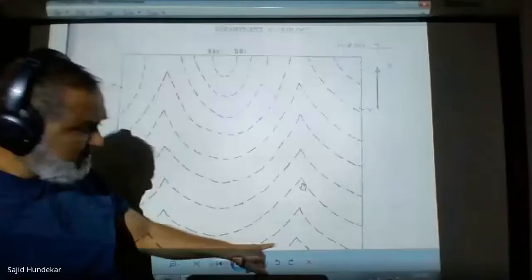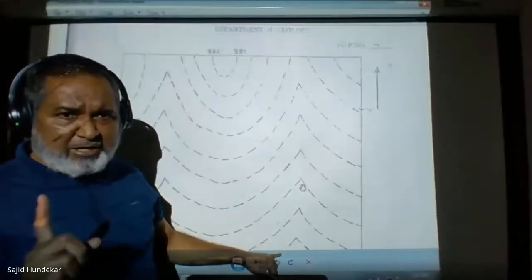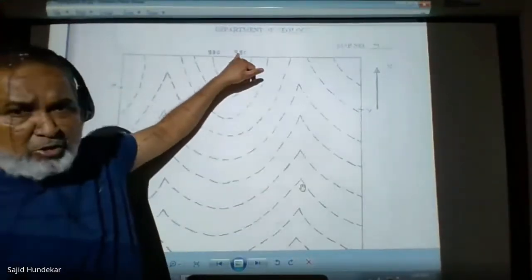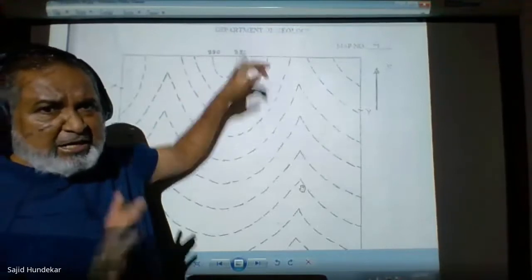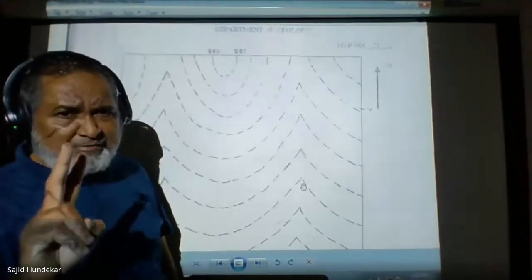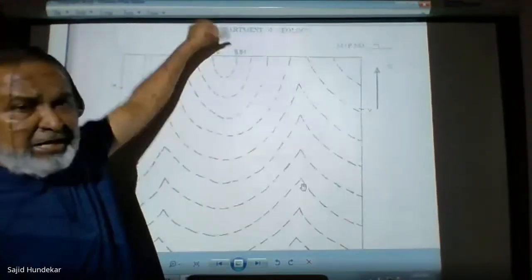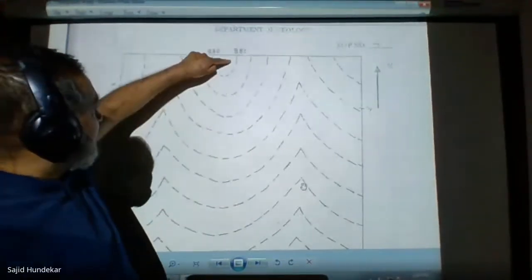Sir, can you repeat once? Yes. On one side it is written 440 meters, the lower side. The second contour, on the top, is written 880 meters. Means two contours are given values. So from here you have to start measuring.